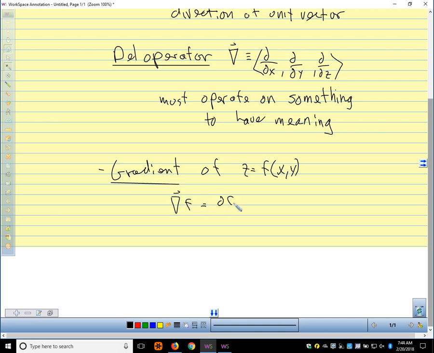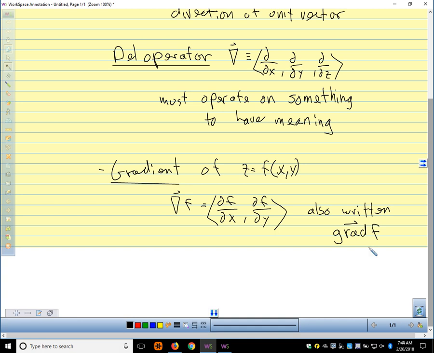And then we get the partial of f with respect to x, partial of f with respect to y, as a vector. You'll also see the notation, a little older, as grad f. Grad is just short for gradient.